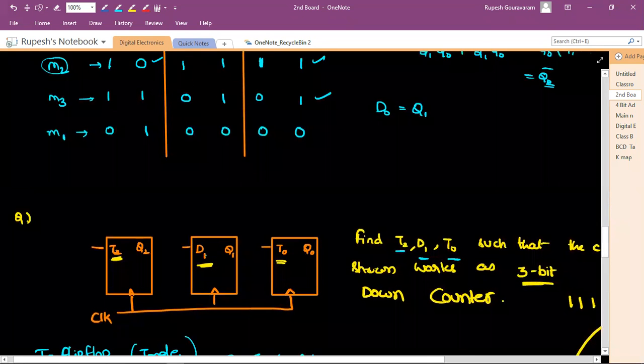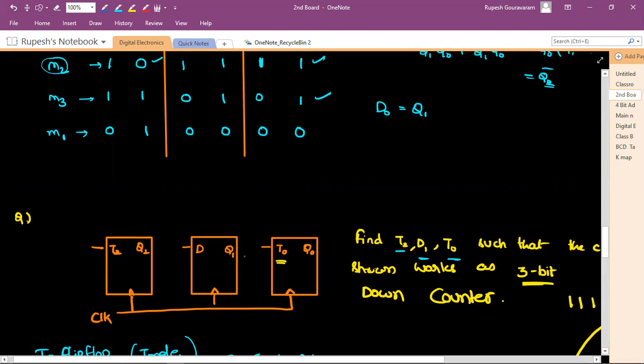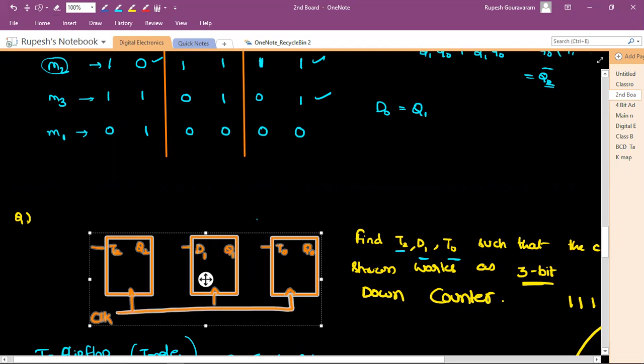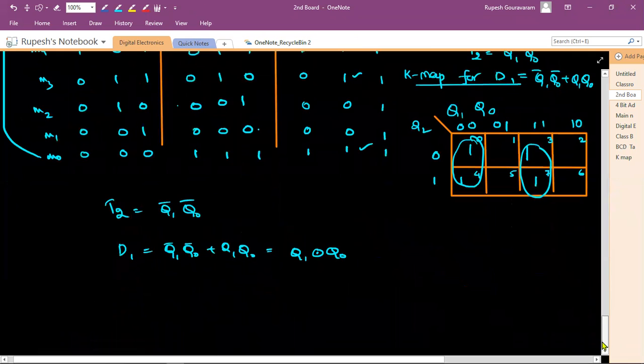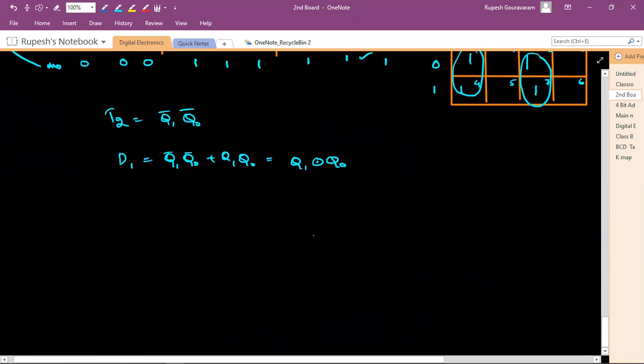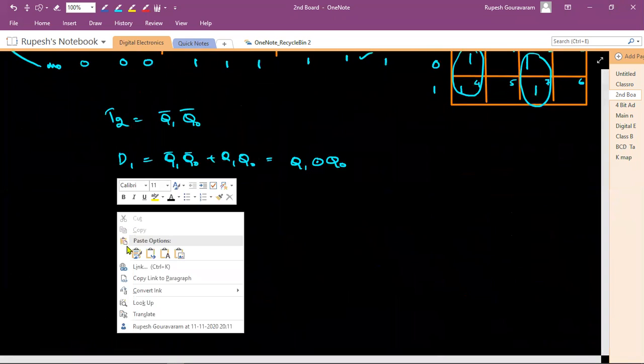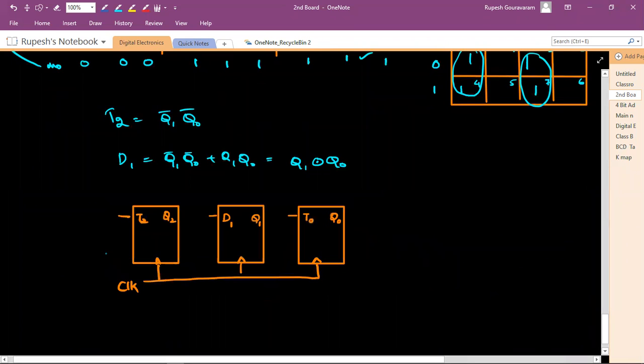So here is the one. D1 is Q1 XNOR with Q0.